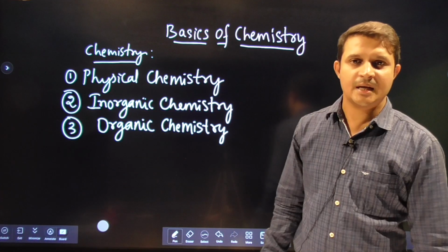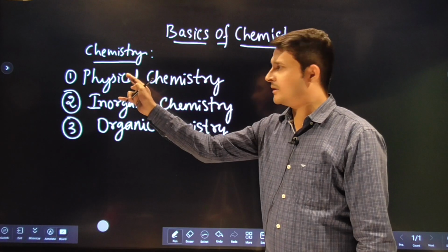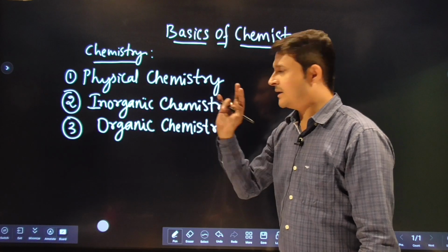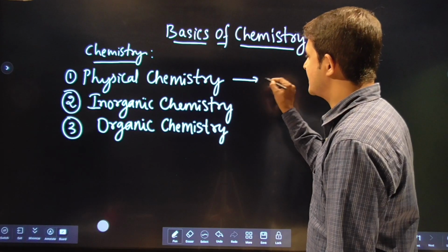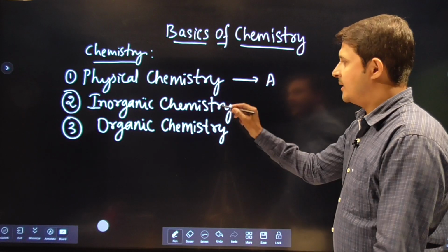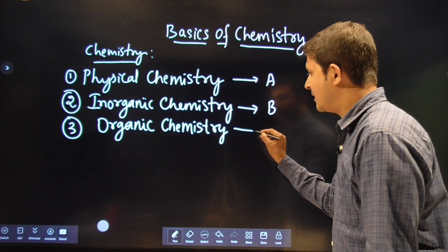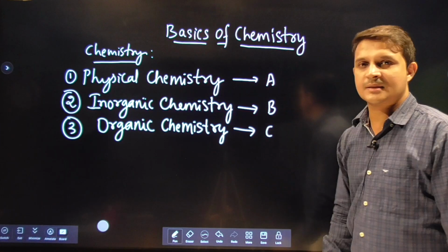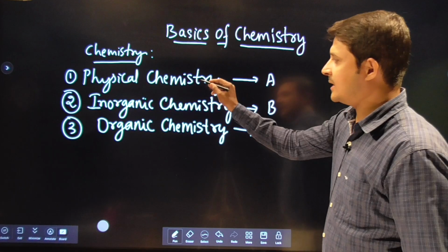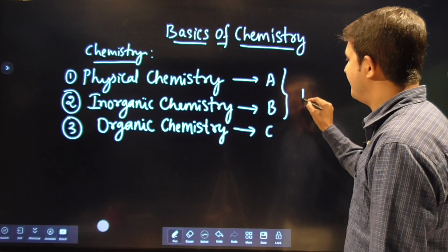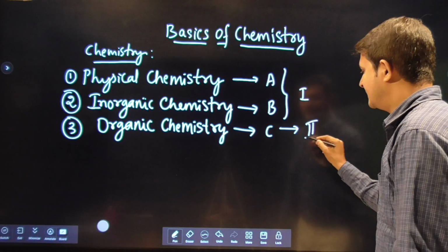In first and second PU, you are learning the concepts associated with physical chemistry, inorganic chemistry and organic chemistry. So physical chemistry is part A, inorganic chemistry is part B, and organic chemistry is part C. There are two NCERT textbooks: physical and inorganic in the first part, organic chemistry in the second part.